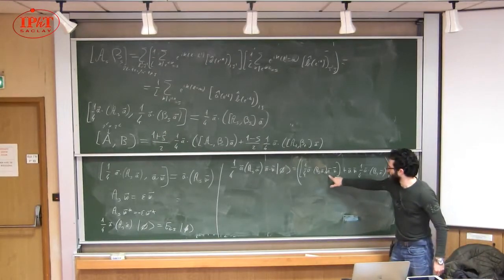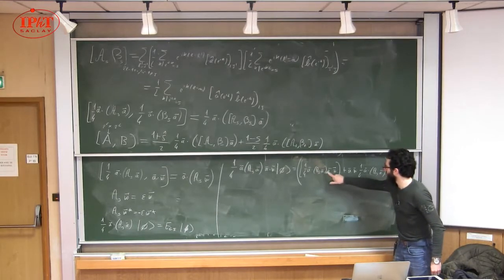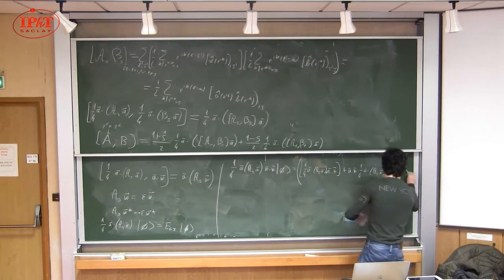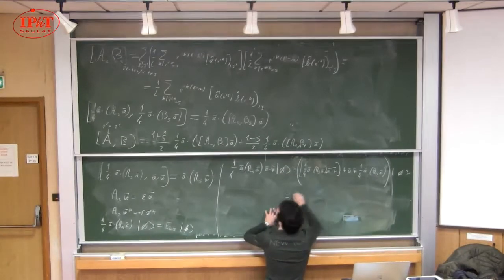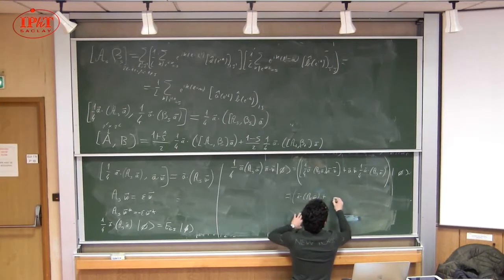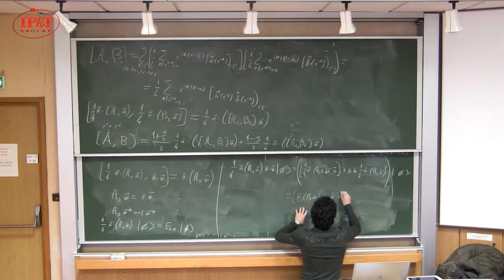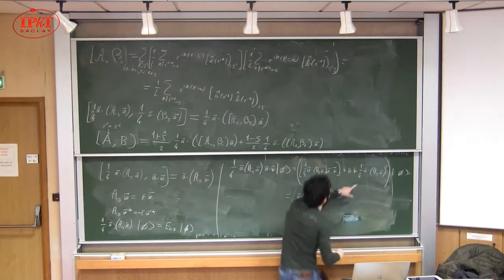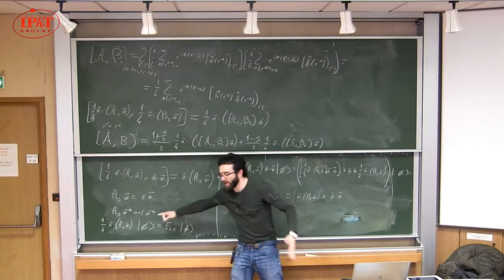Now this commutator is equal to A_S W plus W times this. And notice that this operator applied to the state is just the ground state energy, as I told you.